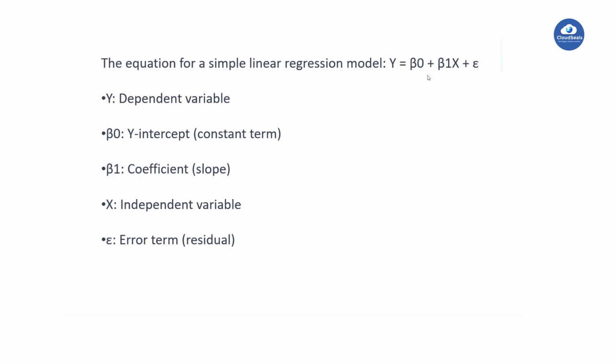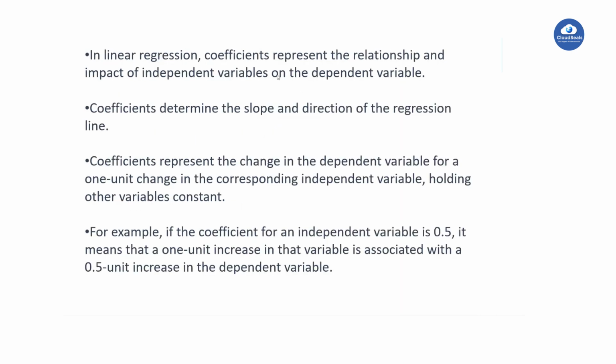Beta 1 is the coefficient, that is the slope of the independent variable. X is the independent variable. E is the error term, the residual. If we combine all these things, then only we will get the actual y value. In linear regression, the coefficient represents the impact of the independent variable on the dependent variable.